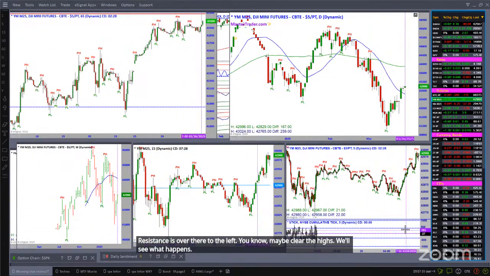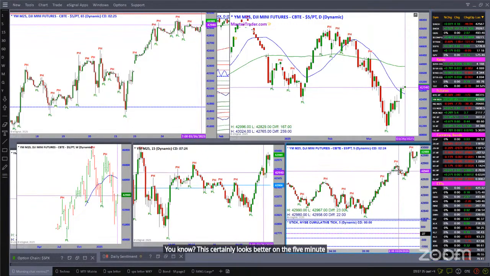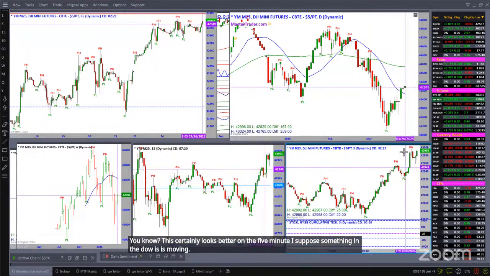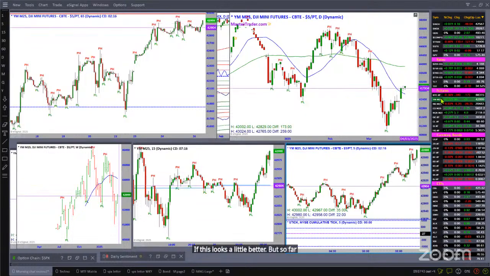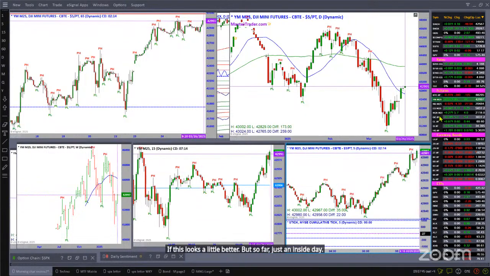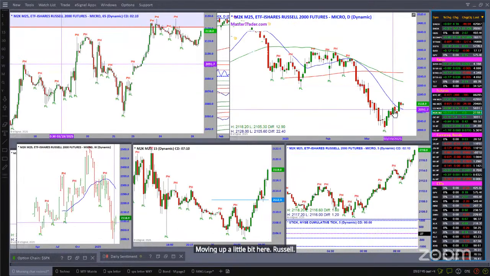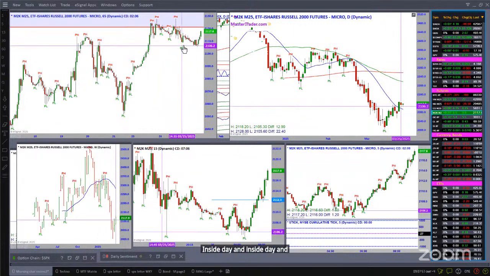This certainly looks better on the 5 minute. I suppose something in the Dow is moving, this looks a little better, but so far just an inside day, moving up a little bit here. The Russell, which we always look at, inside day, and 65-minute.